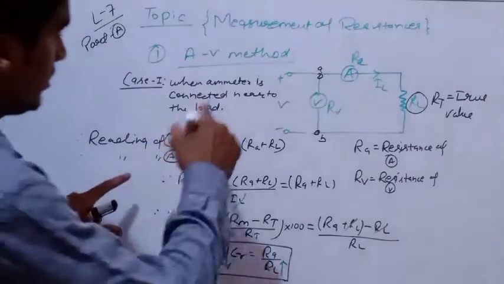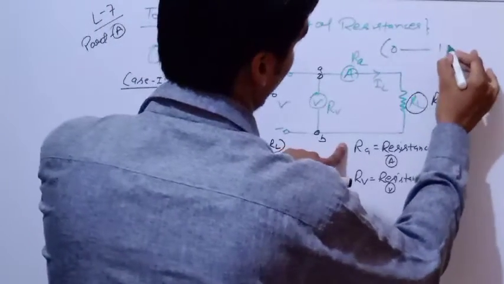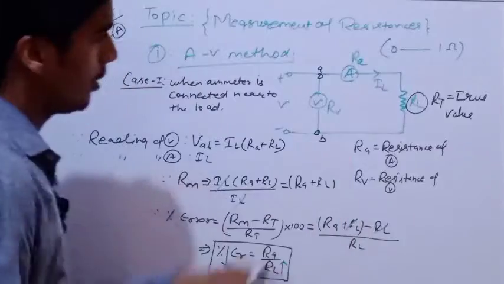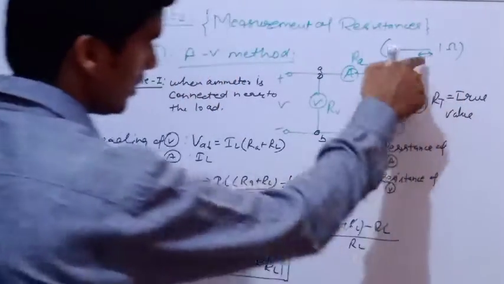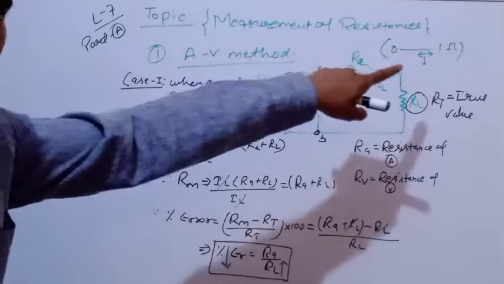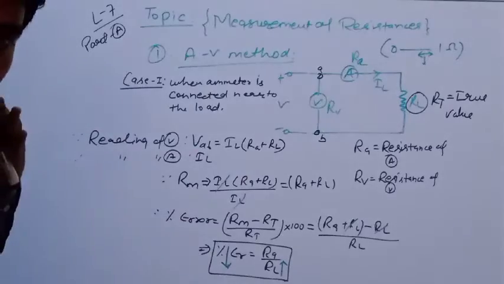So this is the range. This has the range 0 to 1 ohm. So in this range this method can be used because of higher range. The RL value should be high to get a low error.